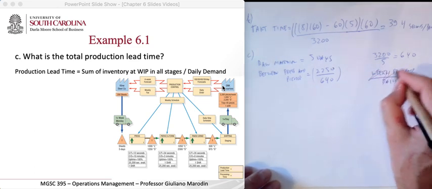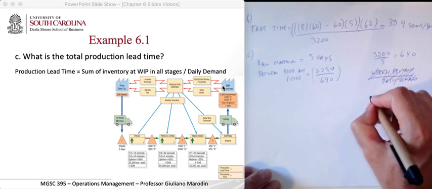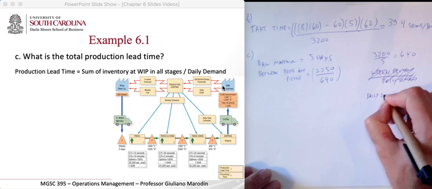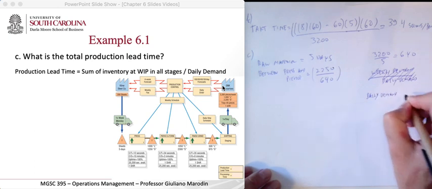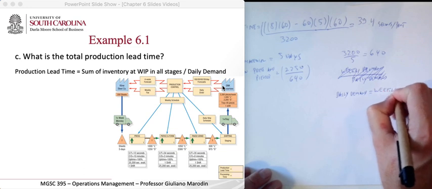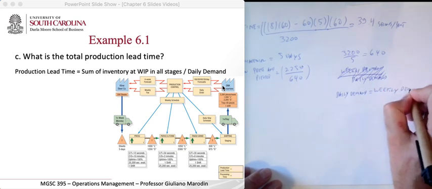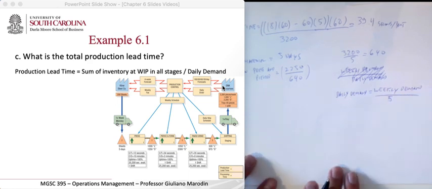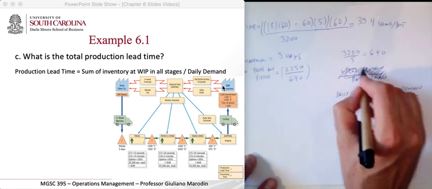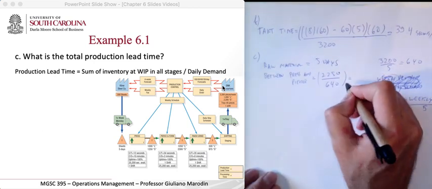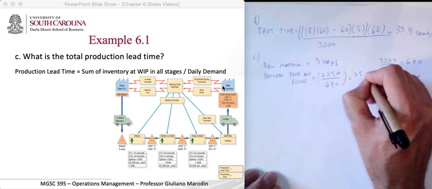Let's do it again: the daily demand is equal to the weekly demand divided by 5, because I have 5 days in a week. I forgot about that at first. So here it gives me 3.5 days.